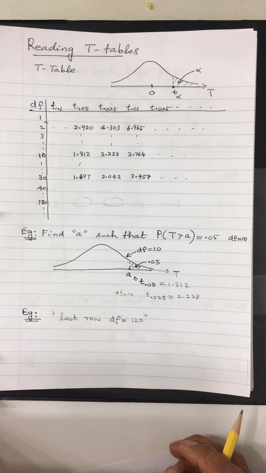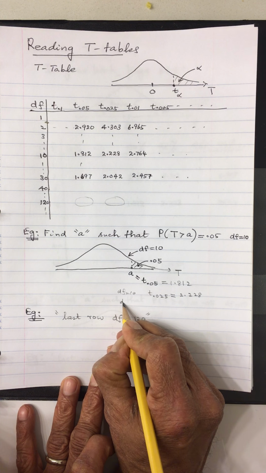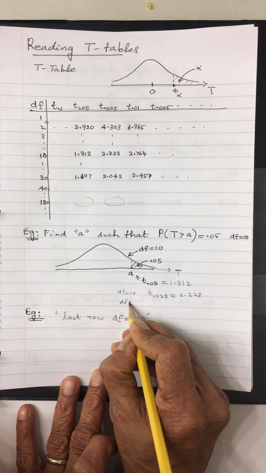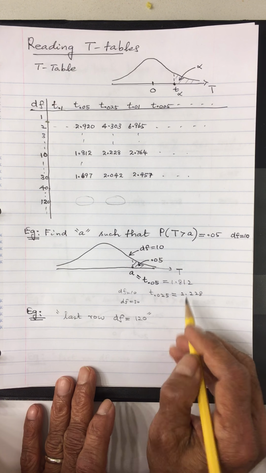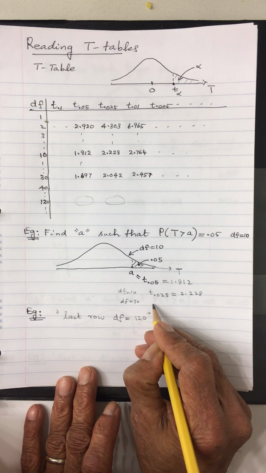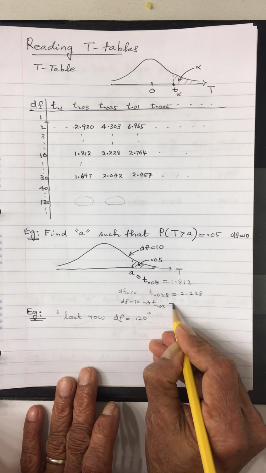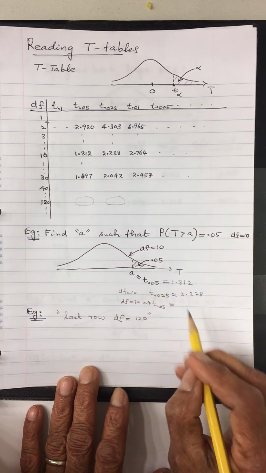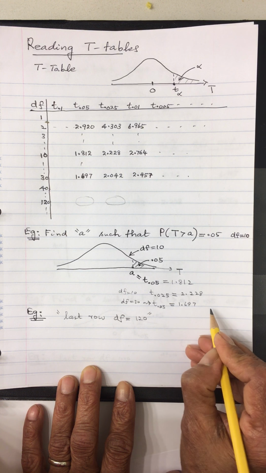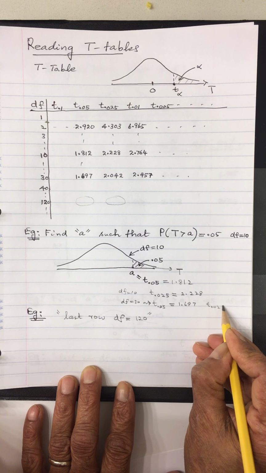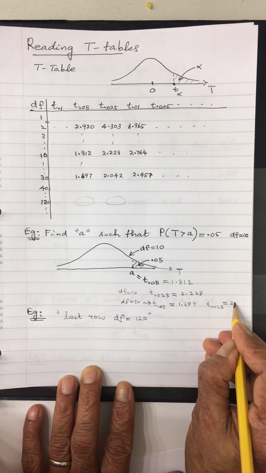If you are looking at different degrees of freedom, say 30, in other words the sample size is technically 31, then 0.05 is going to be the value underneath that, 1.697, and for 0.025, this value is going to be 2.042.